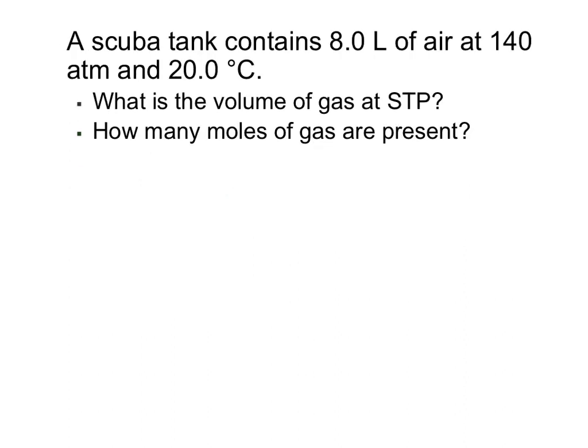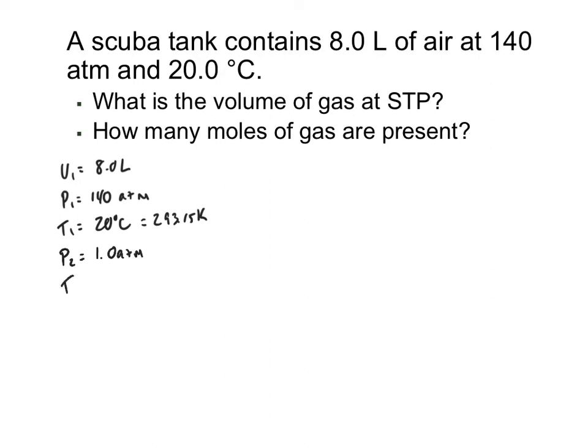Here in this example, we have a scuba tank with a volume of 8 liters. And we're told that it contains air at 140 atm of pressure at 20 degrees Celsius. Here we want to know what the volume is going to be at STP. We defined STP as having a pressure of 1 atm and 273 Kelvin.